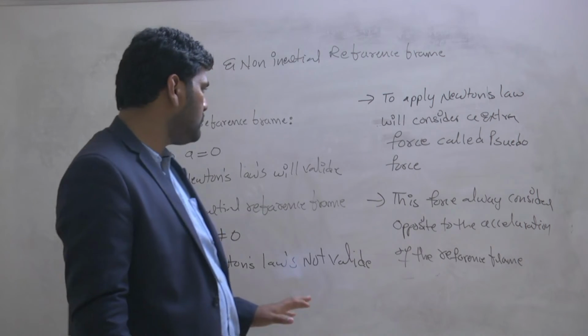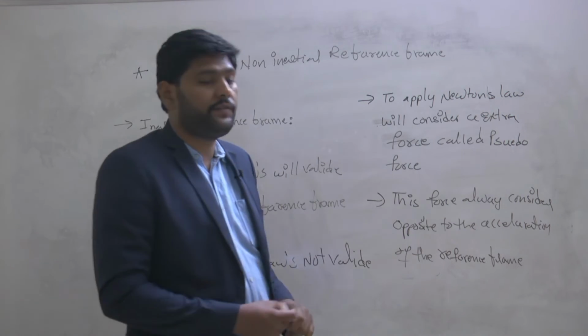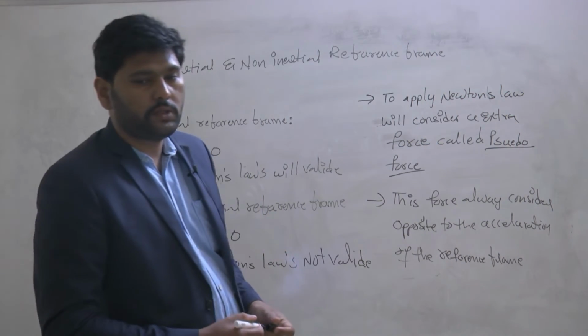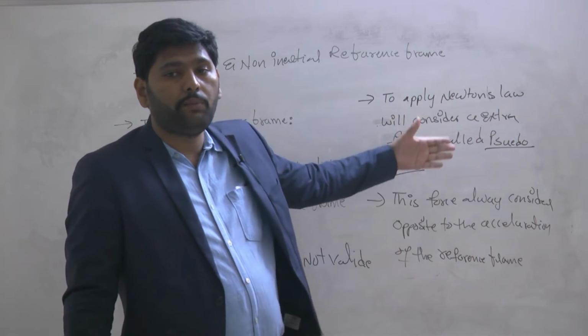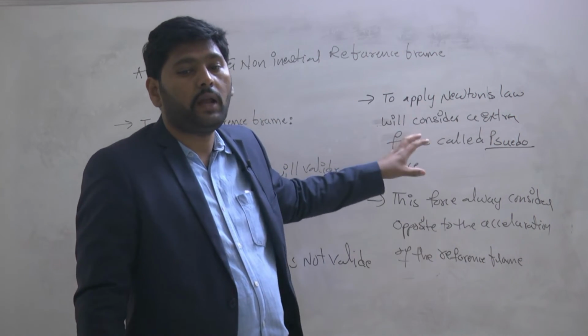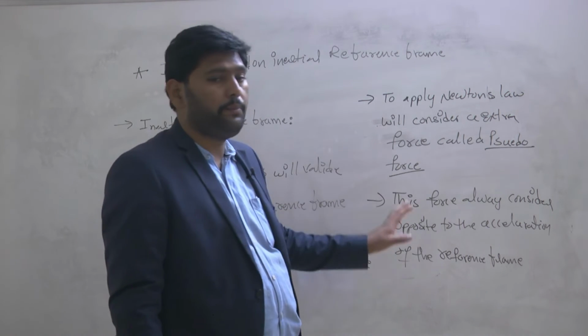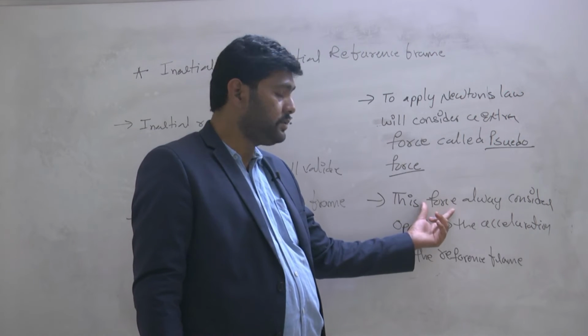This is possible by considering one extra force. The extra force is called what? Pseudo force. By taking the pseudo force, we can apply Newton's laws in a non-inertial reference frame. But how do we consider that pseudo force?